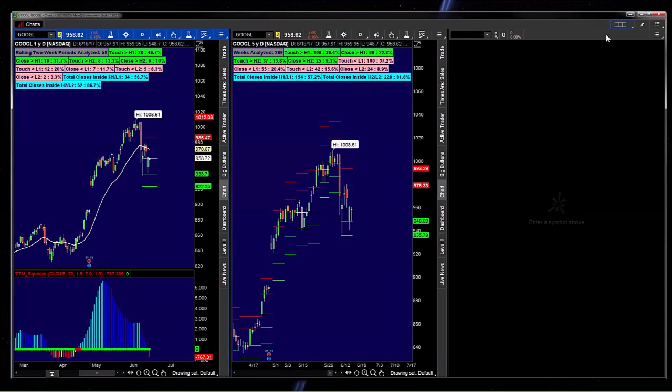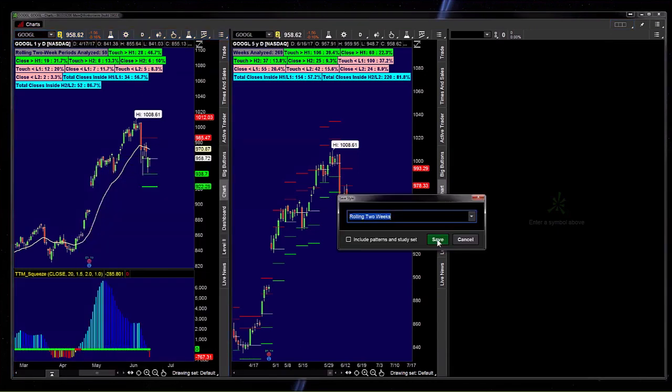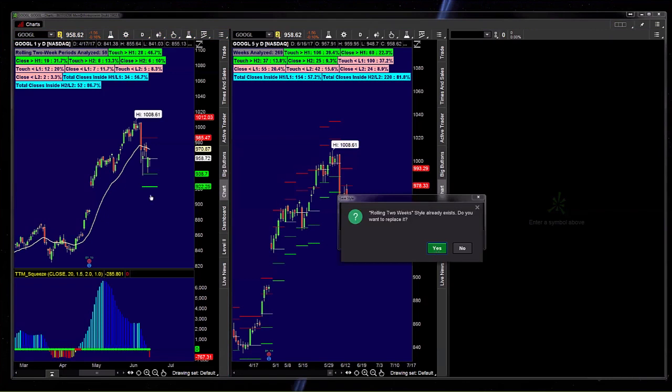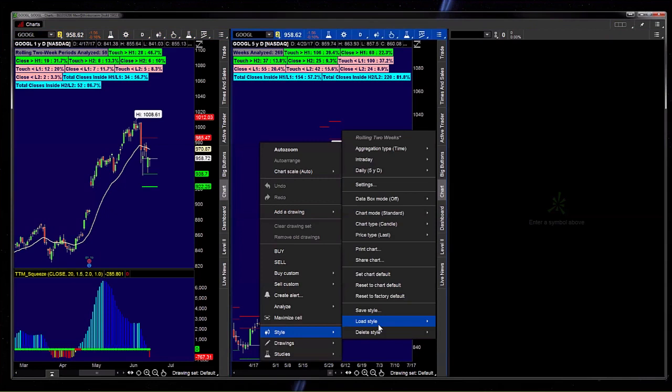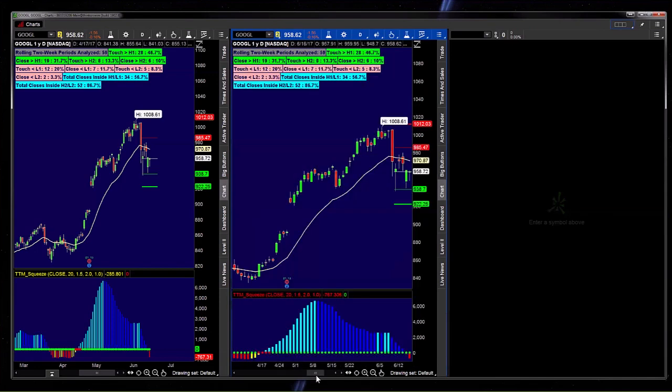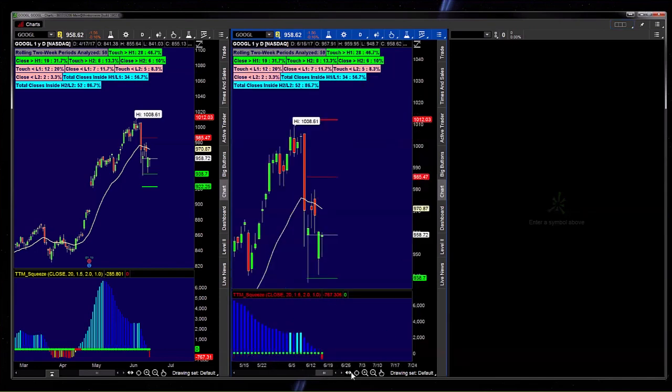I'm just thinking out loud here. So let me save this style here. Style, save style, rolling 2 weeks. I just want to save those indicators there. And then I am going to load it there. Then let's come back here and I'll show you what I'm doing in a second.